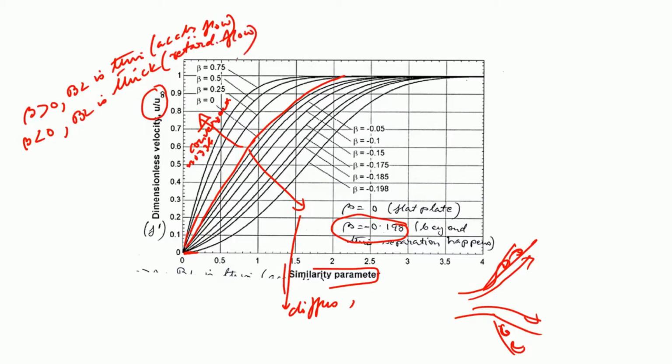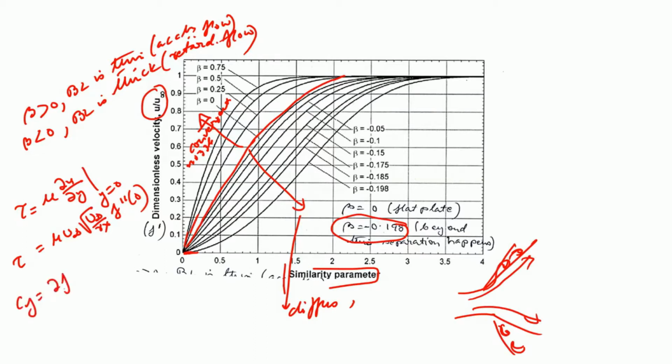So, tau is basically given as mu du dy at y equal to 0, which translates to tau equal to mu u infinity by x times f double prime at 0. Therefore, Cf should become f double prime at 0 into Reynolds number to the power of minus half.